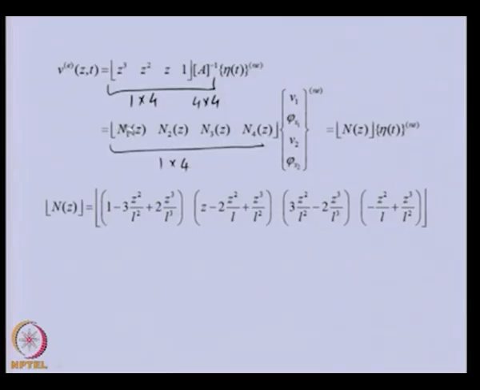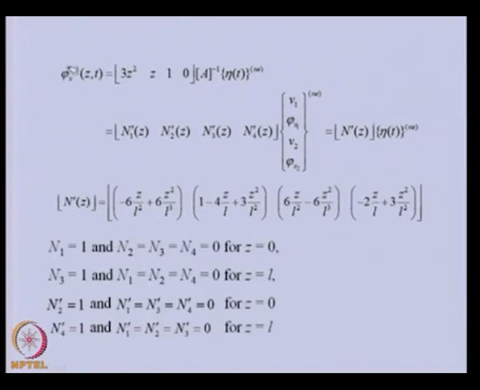So, only one row is there and 4 columns are there, and the corresponding terms we have defined as the shape functions n1, n2, n3, n4. If we multiply A inverse into this, we will get this form. Here we have n1 shape function, this is n2, this is n3, this is n4, which are functions of z.